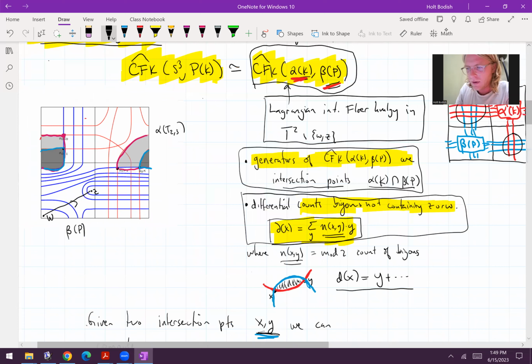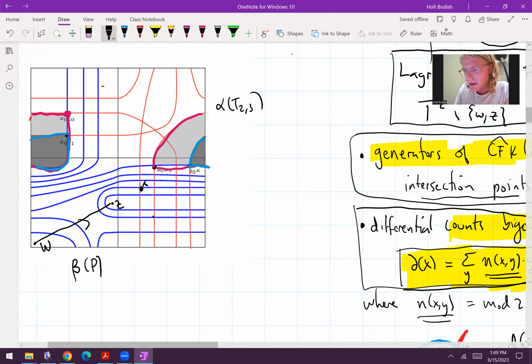So for example, here, you could look at the generator x and the generator y, and if I connect them by walking along the arc of the beta curve from x to y, I cross the delta wz arc here once algebraically. And so the Alexander grading of y minus the Alexander grading of x is equal to 1.